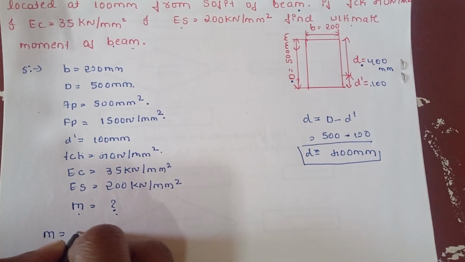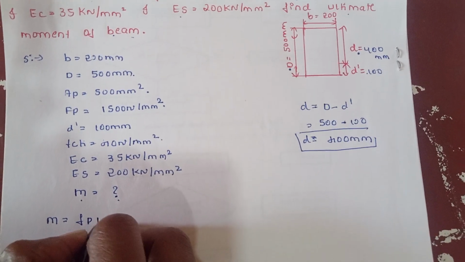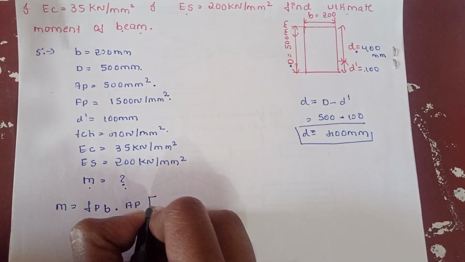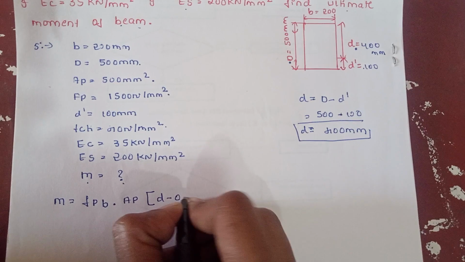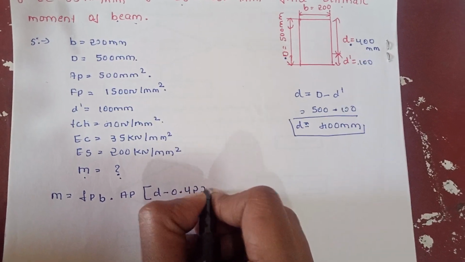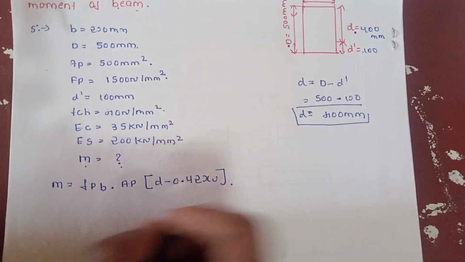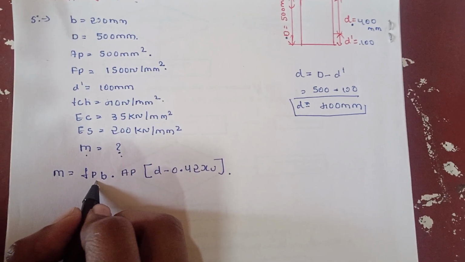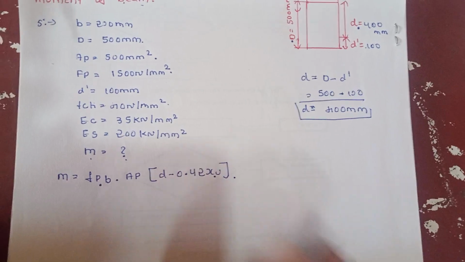The ultimate moment formula is FPB into AP into bracket open D minus 0.42 XU. In this formula we have two unknowns. The first one is the FPB value and the second one is the XU value.